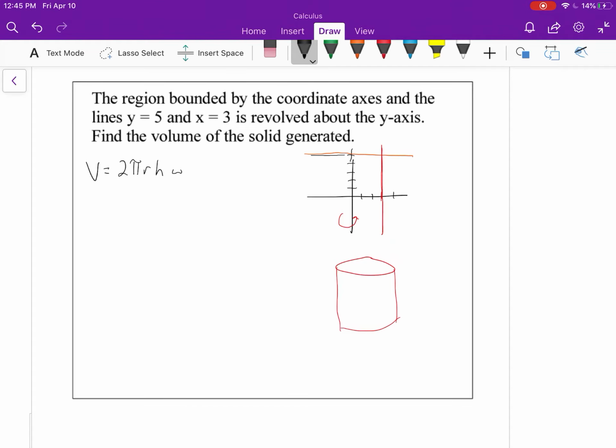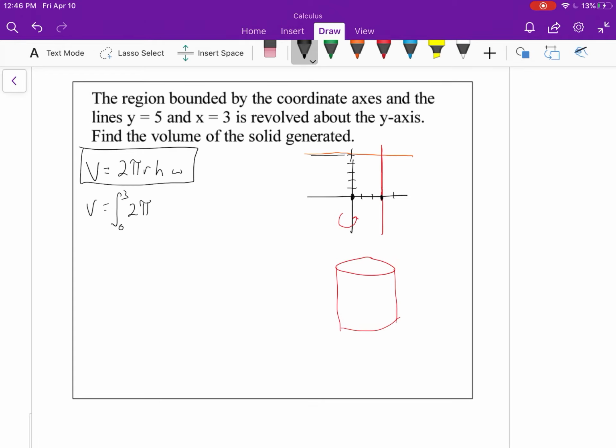So you could think the width. So volume, this is the volume of one rectangular prism, one layer or one shell that's peeled off. So we're going to integrate, and we're going from 0 to 3.